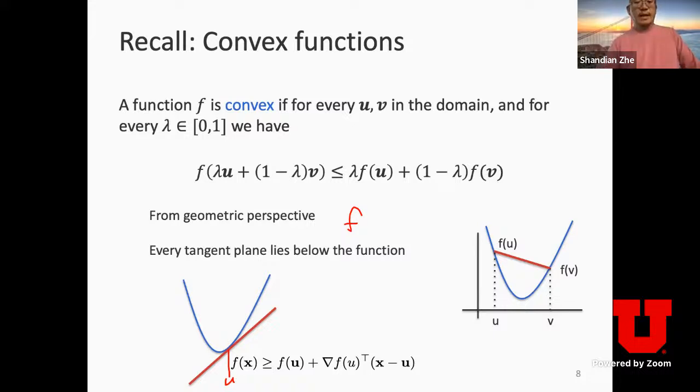Basically, at this place you draw a tangent line, and you see that the entire body of f, this blue curve, stays above the tangent line. That's a very nice property of convex functions, and it also forms the basis for our definition of subgradient later.